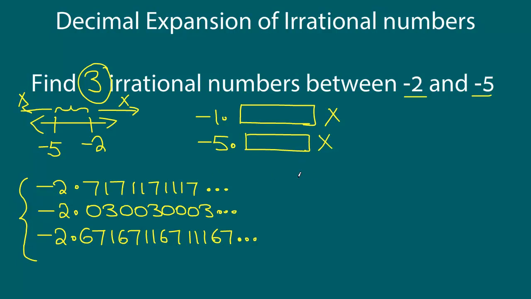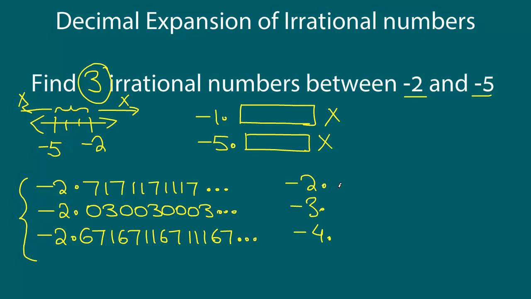We could have also taken one number as -2 point something, the other as -3 point something, and the last as -4 point something, because all of these will again be within our range. -2 and -3 will be somewhere over here, -4 somewhere over here.